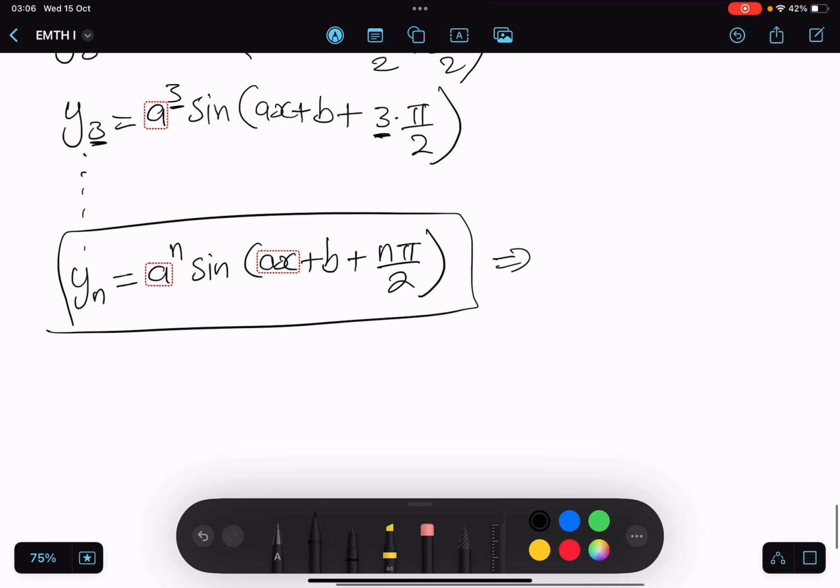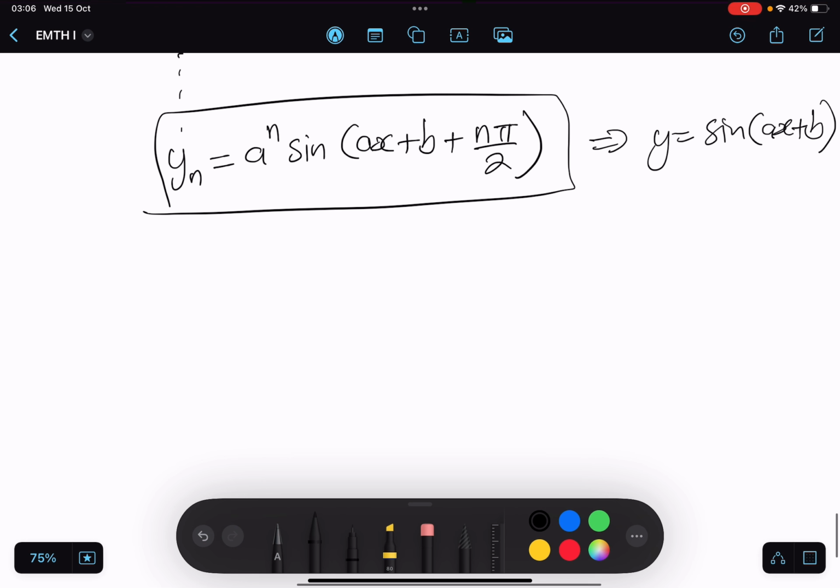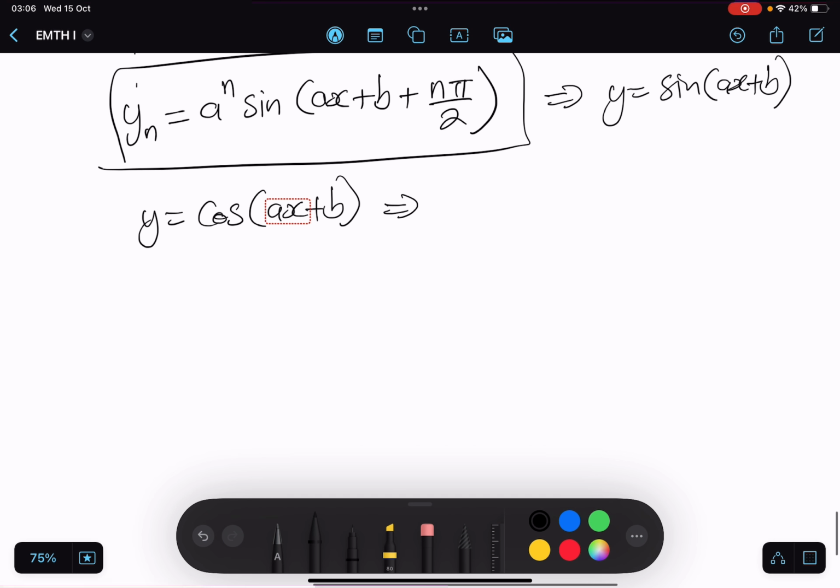If you're given a trigonometric function like y is equal to sine ax plus b, this is the same thing for cos. If you're given y is equal to cos ax plus b, the nth derivative of cos is still going to be yn is equal to a to the n cos ax plus b plus n pi over 2.